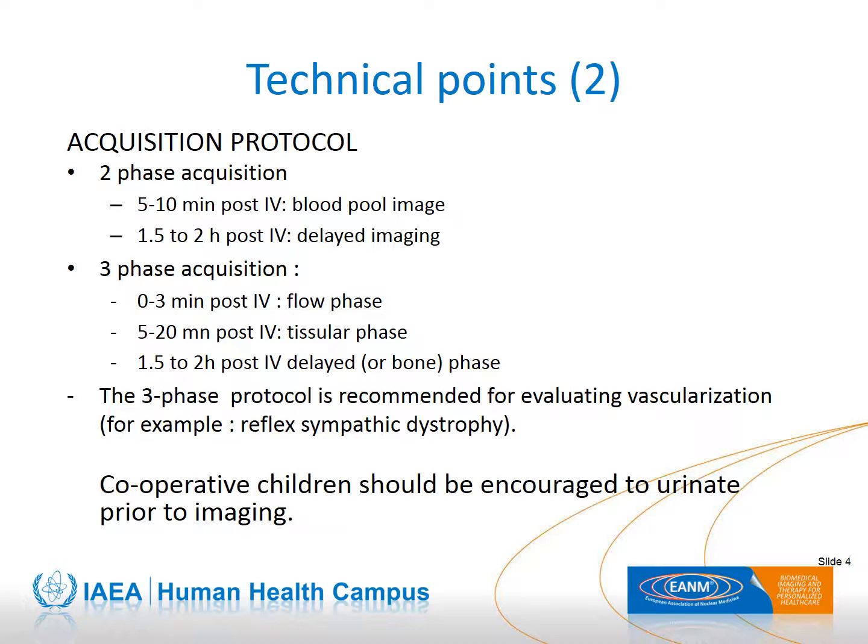Two acquisition protocols are possible. The intravenous injection is usually more difficult in children than in adults. It also takes longer, so a two-phase acquisition with a blood pool acquisition performed 5 to 10 minutes after the end of the injection is usually easier than the three-phase protocol.